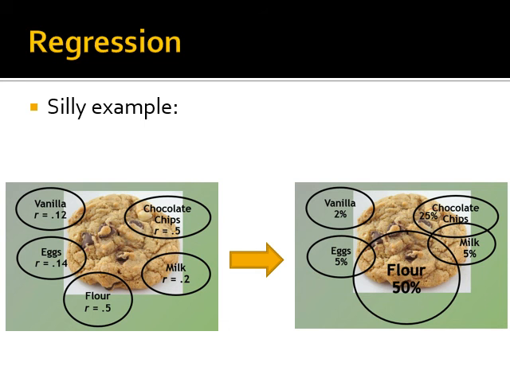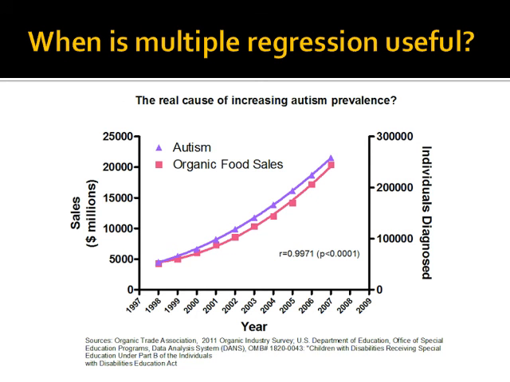But maybe chocolate chips also has some interrelationship with milk. It's just a weird, strange example, but it helps you understand what regression is about in terms of explaining those interrelationships and whether or not a cookie is going to be effective, how the flour is combining. Whether it's going to be tasty, I guess, more than effective.